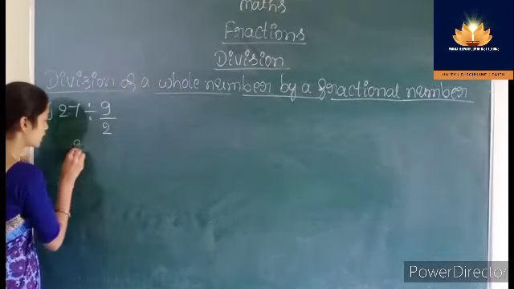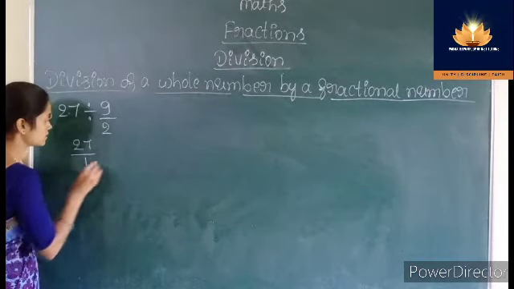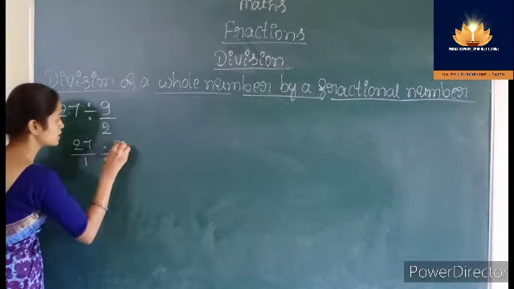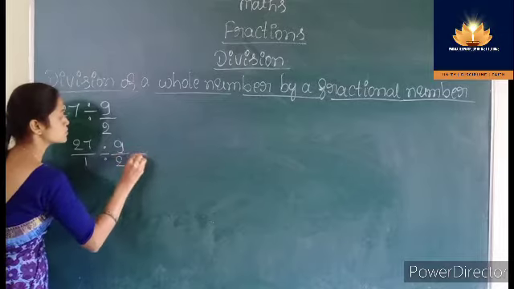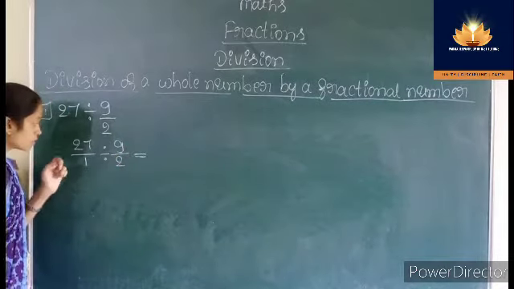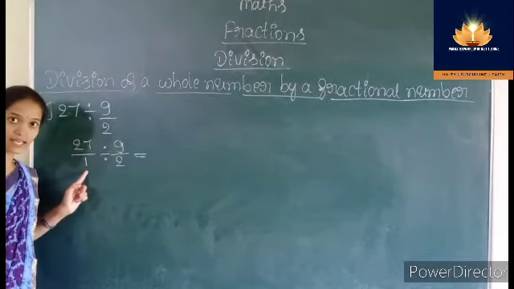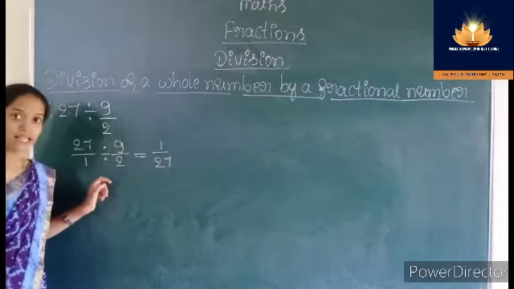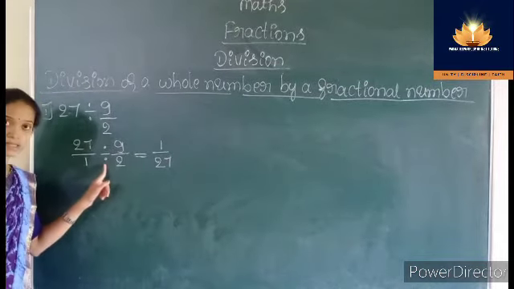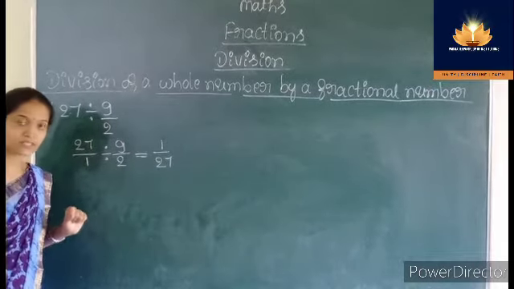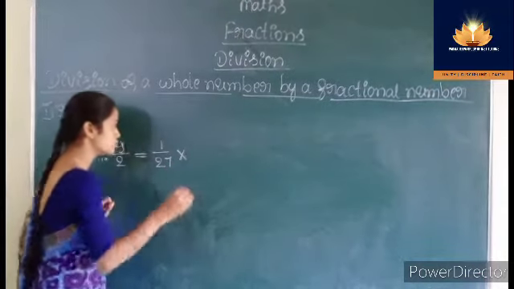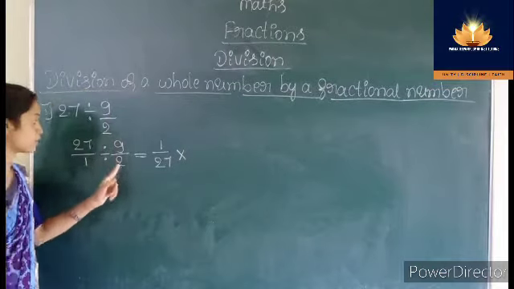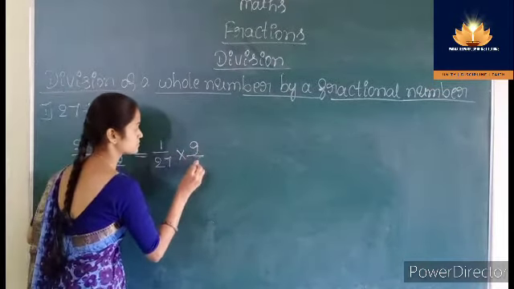Okay, 27 upon 1 divided by 9 upon 2. The reciprocal of 27 upon 1 is 1 upon 27. Then we have to change the division symbol into a multiplication symbol, right? Then write 9 upon 2.